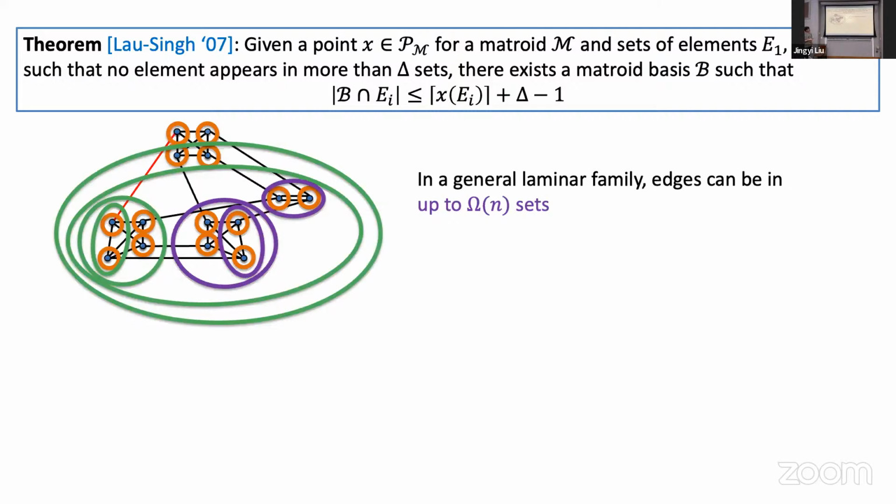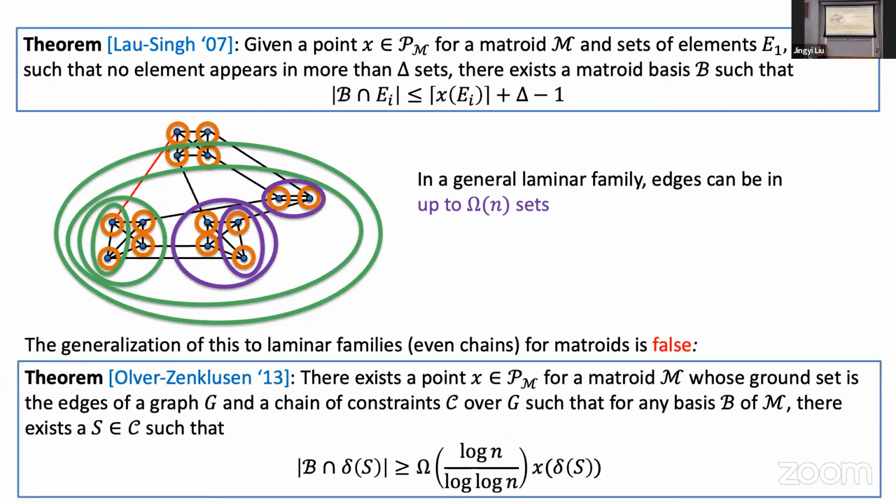And so you can try to apply this theorem for laminar families, and it fails because in general, edges can be in as many as n sets. And now here comes the annoying thing: it turns out if you try to generalize this claim to matroids, it's false. There exists a point x in a matroid polytope whose ground set is the edges of a graph, and there's even a chain of constraints over the graph, such that for any basis of the matroid, we get a lower bound of like log n over log log n.